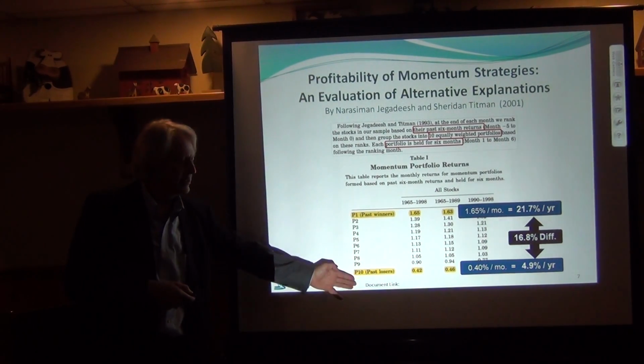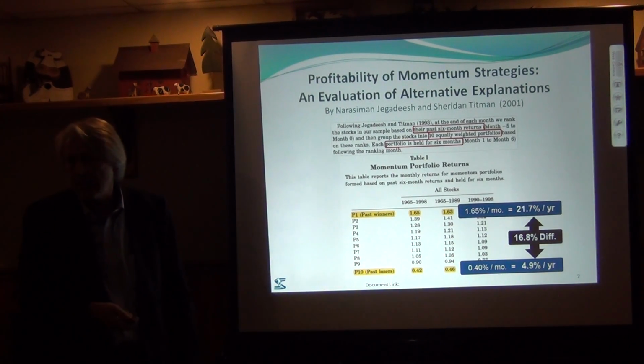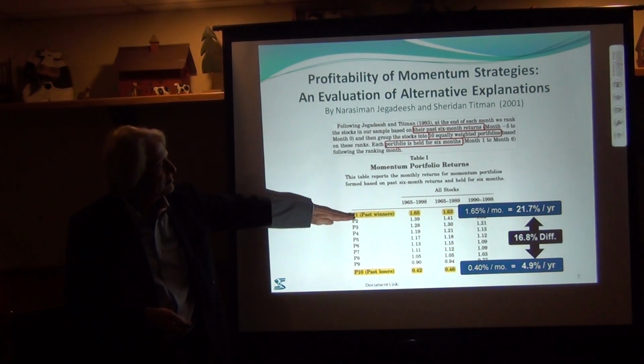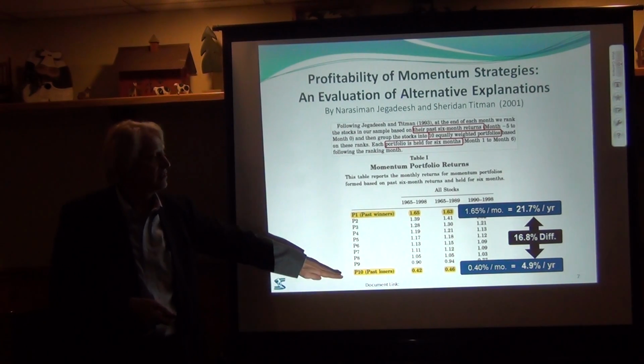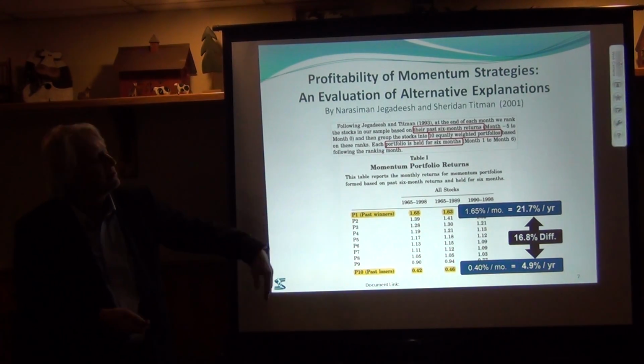They divided the 10 according to how they did in the last 6 months, so they have the ones that did well and the ones that did the least well, and use this to decide what to own.